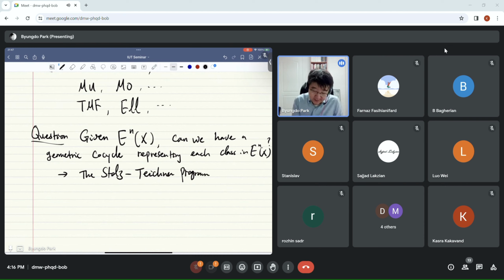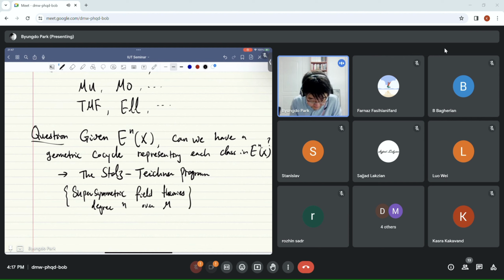And what it says is that the supersymmetric field theories of degree n over M, modulo concordance, this must be isomorphic to the generalized cohomology group.